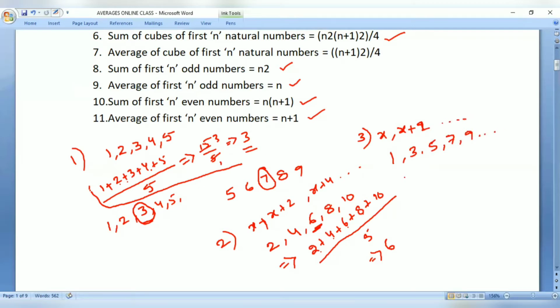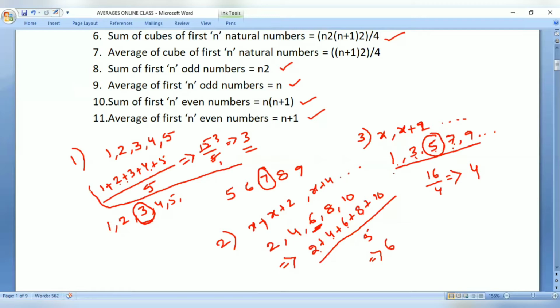In this case, how do you calculate? For 1, 3, 5, 7, if such a case is there, then what will we do? 7 plus 5, 12 plus 3, 15 plus 1, that is 16 by 4. So what is 16 by 4? It is 4. Whenever you have an odd number of numbers, you can pick the middle value as the average.